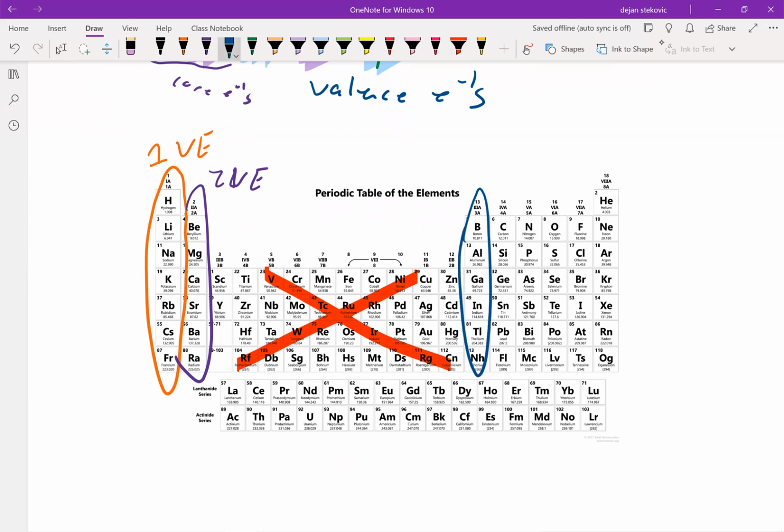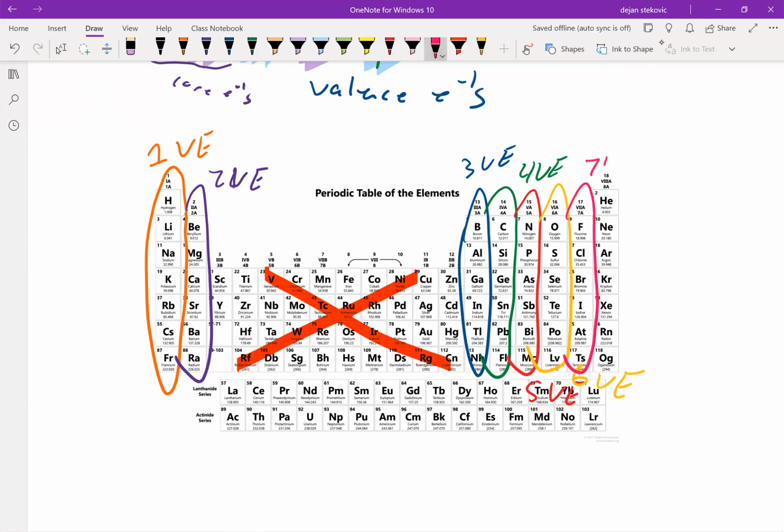Everything in the third column has 3 valence electrons, then 4, then 5, followed by 6, 7, and then 8, right? So you should be able to tell how many valence electrons an atom has based solely on the group that it's in.